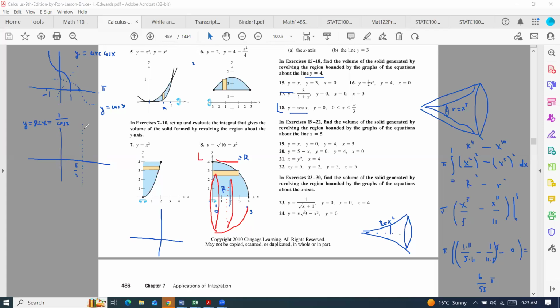And then how does it look like? Is it approaching upwards or is it approaching downwards? 1 over cosine. Well, looks like it is going positive, so it will be here and then down.